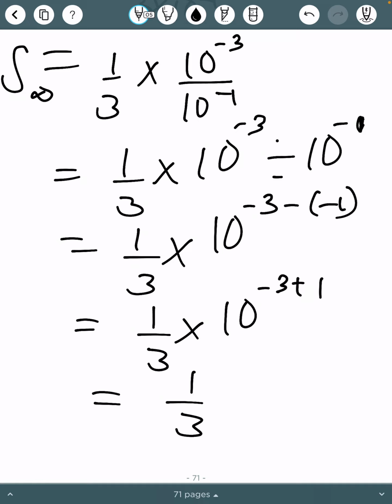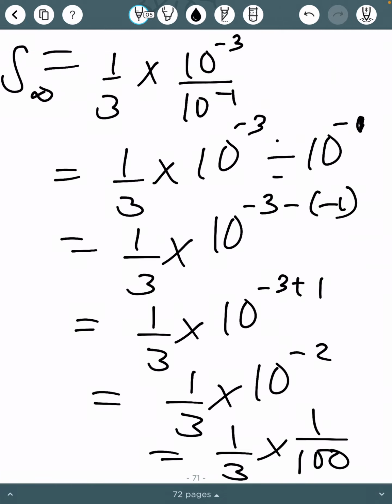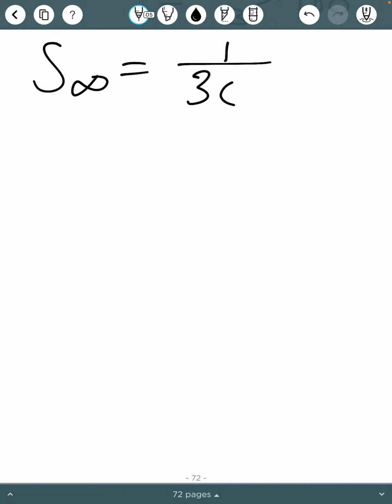That gives me 1 over 3 times 10 raised to the power what? Minus 2. This is the same thing as 1 over 3 times 1 over 100. So that means my sum to infinity for that geometric progression part is 1 over 300.